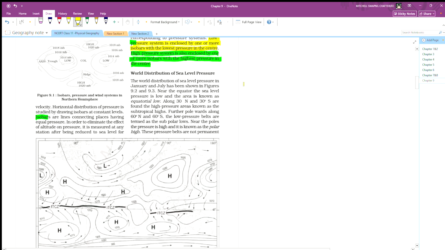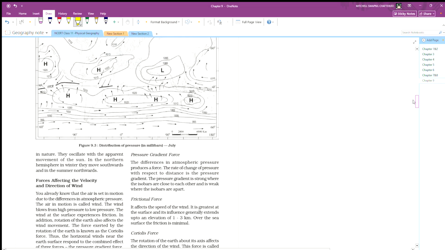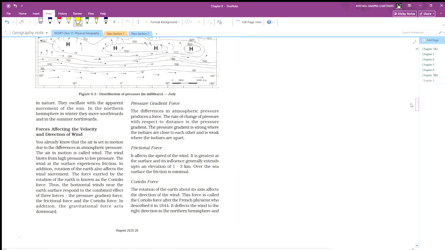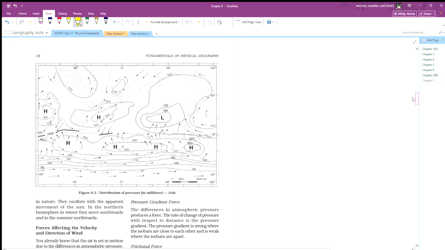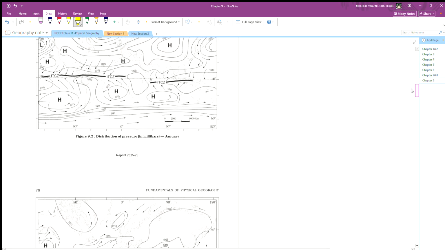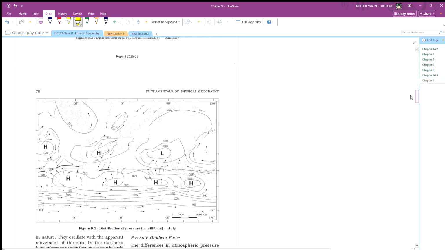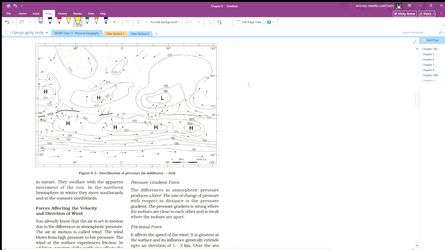The world distribution of sea level pressure in January and July has been shown in figures 9.2 and 9.3. This is the July one. Oh, that's why it is attracting cyclones.